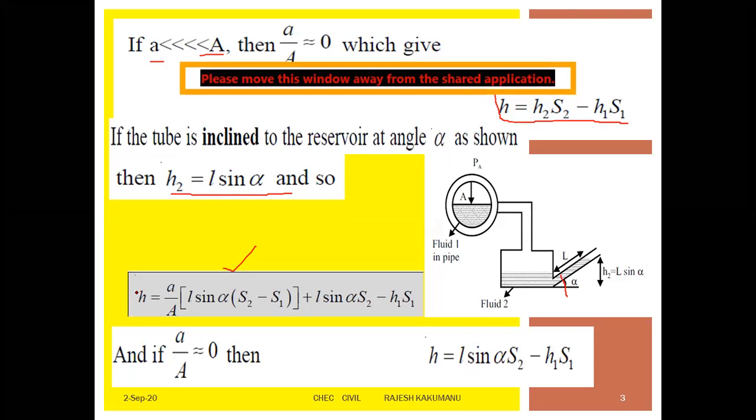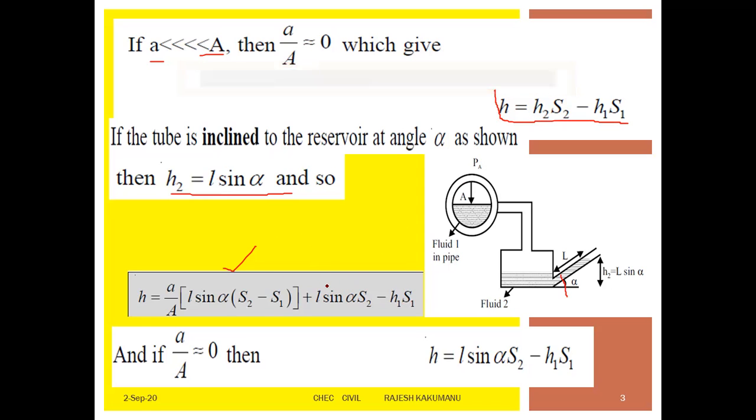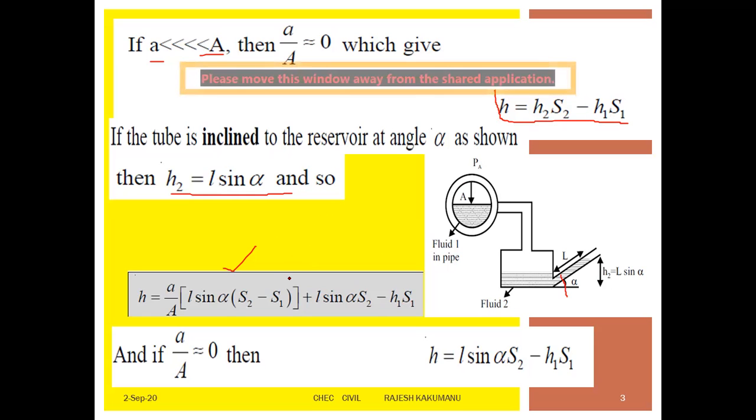Thereby h is equal to a by A, L sine alpha, (s2 minus s1), the difference in specific weight, plus h2 s2 minus h1 s1. Here you are substituting the h2 value at this point, and the remaining balance is h1 and s1. This one is added extra because you have an angle theta.